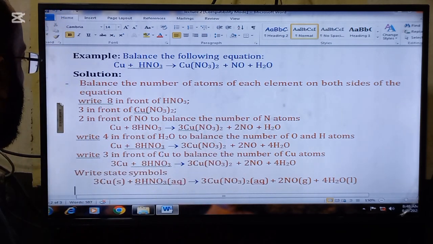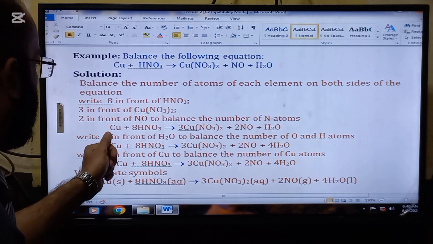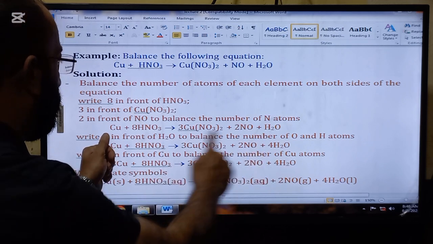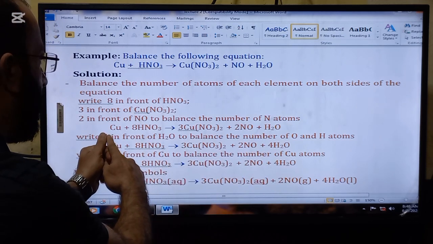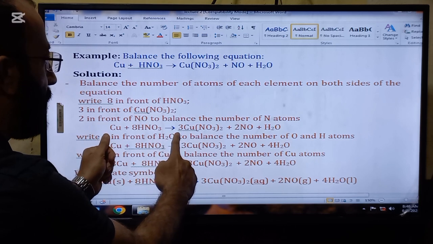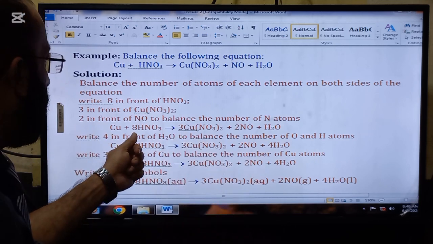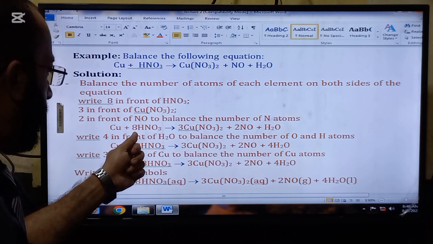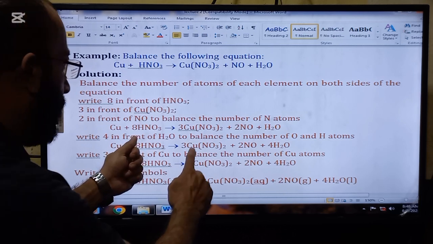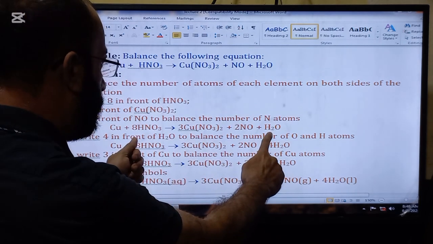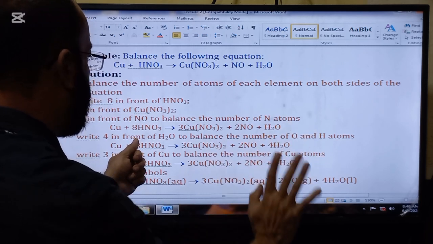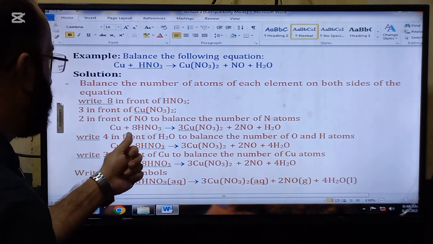Okay, at this step you can see copper is not balanced on both sides, because here is one copper atom and there are 3 copper atoms on the right side. Copper is not balanced. H, here are 8 H atoms, and on the right hand side we have 2 H atoms, so H atoms are not balanced as well.